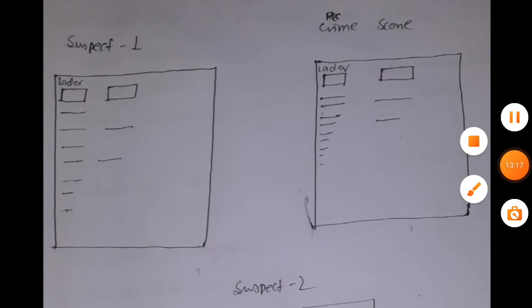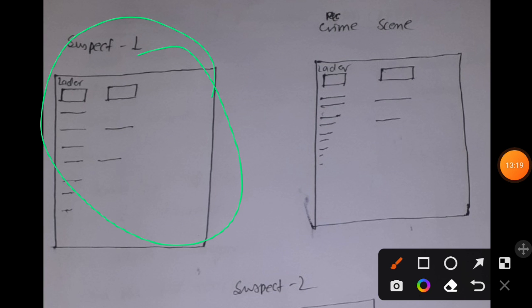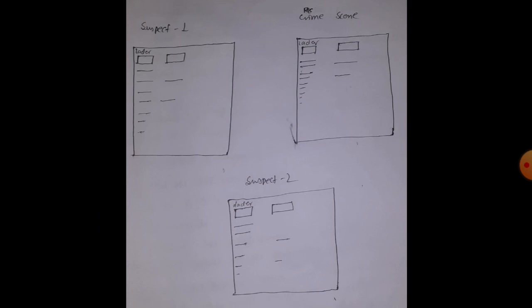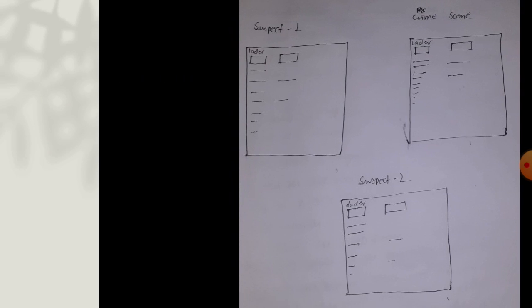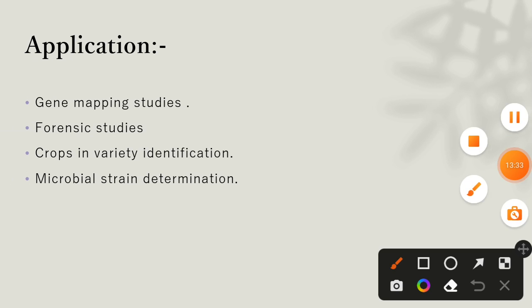So as you can see, the suspect 1's agarose gel plate and the crime scene's agarose gel are quite similar, right? So we can conclude that suspect 1 may be your criminal.